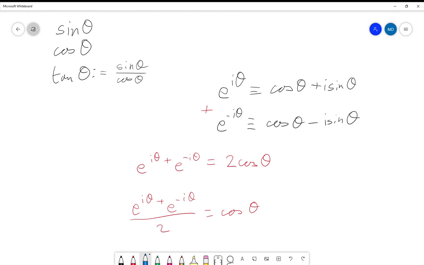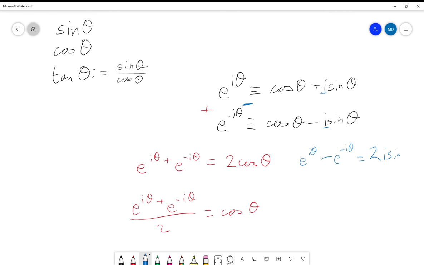Similarly with sine, if I subtract these, the cosines will cancel, but the sines will add. And so we'll end up with e to the i theta subtract e to the minus i theta is equal to 2i sine theta, notice there is an i on here.